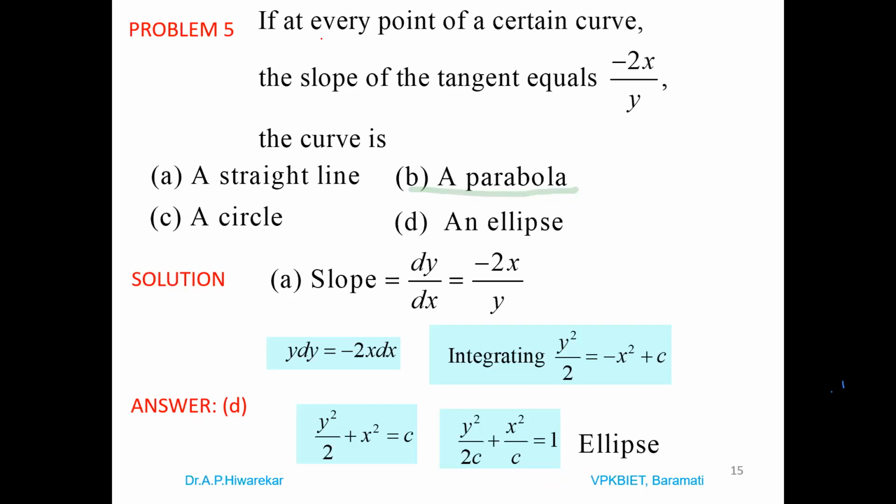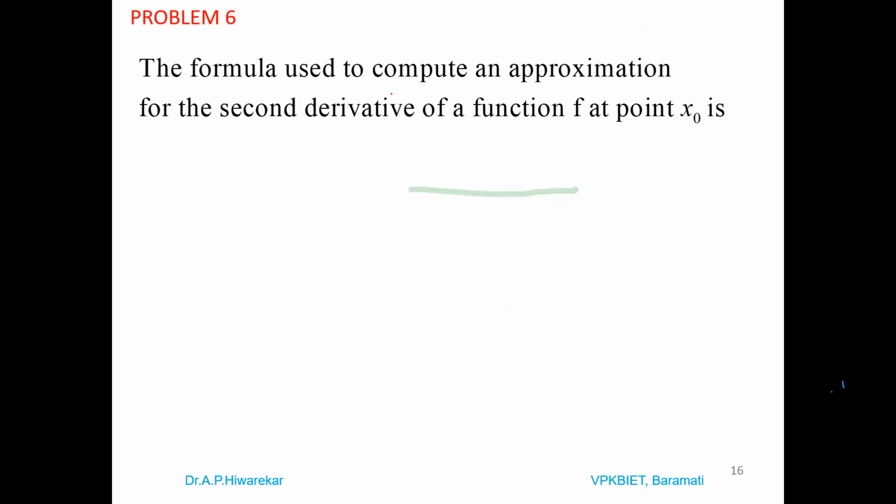Now next problem. The formula used to compute an approximation for second derivative of function f at point x0 is: A option, f of x0 plus h plus f of x0 minus h divided by 2.